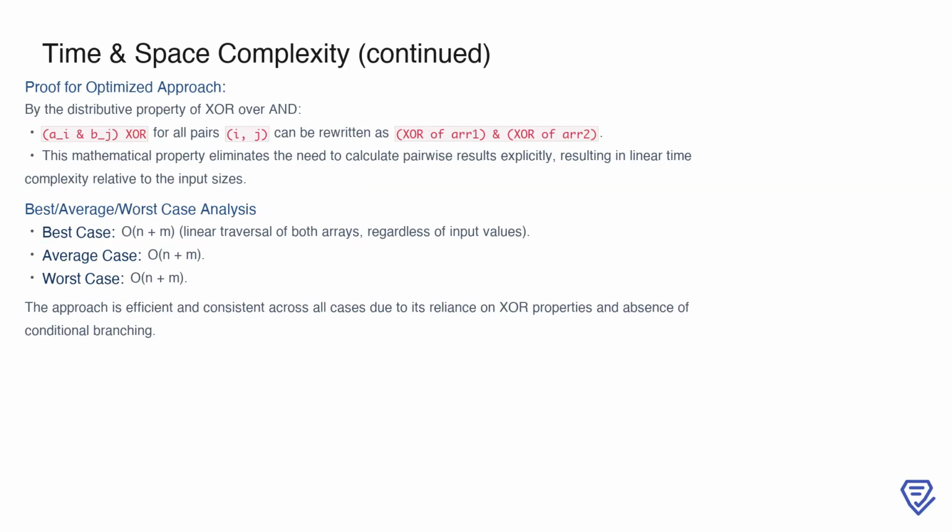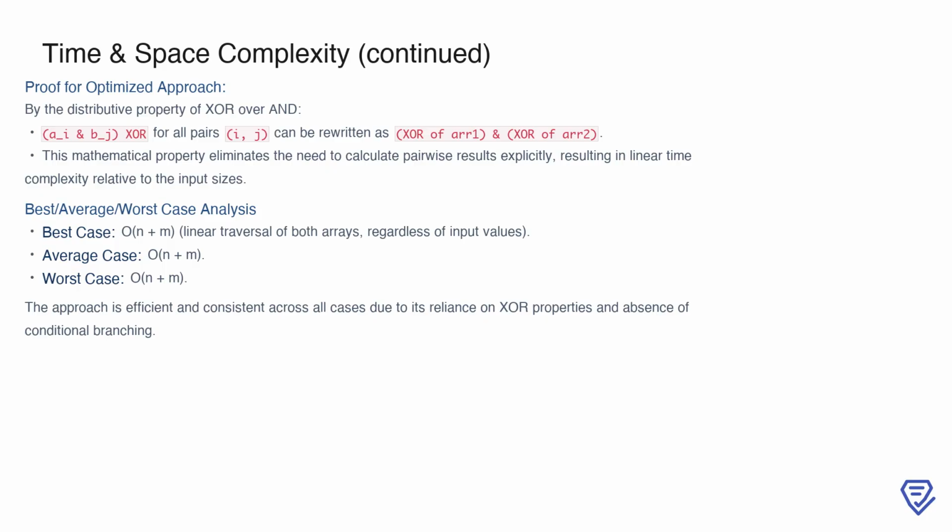The efficiency of the optimized approach is grounded in the distributive property of AND over XOR. Using this property, the XOR of all pairwise A_i AND B_j values can be simplified to the XOR of ARR1 AND the XOR of ARR2. This eliminates the need for explicit pairwise computations and leads directly to a linear time complexity relative to the input sizes.